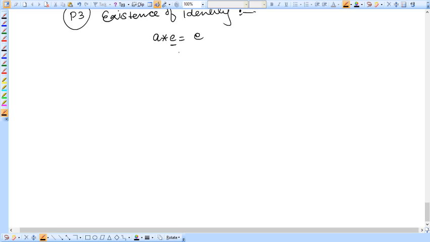Let us check what comes as identity in this case. We know A star E is equal to A plus E minus A times E is equal to A. Okay, so it is equal to A, cancel.